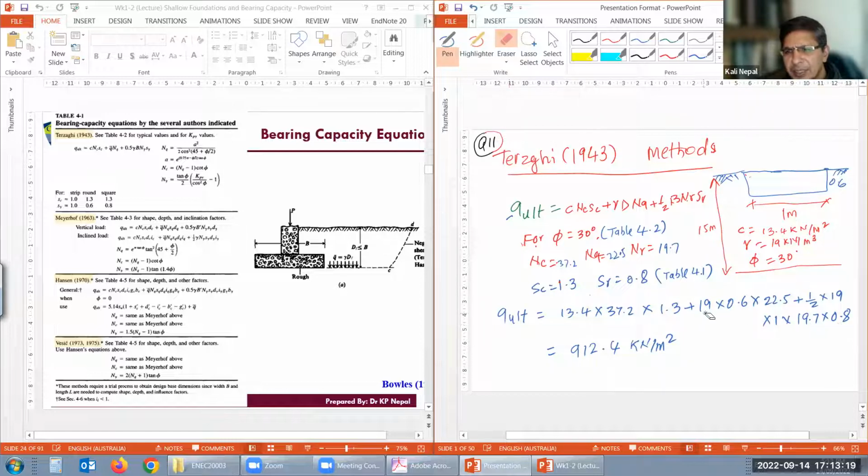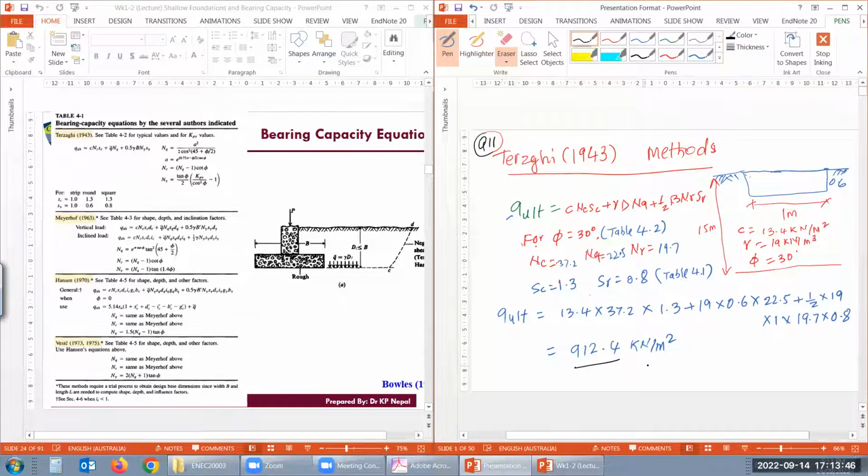That's 19.6, 22.5, 37.2, 13.4, and 1.3. Should be all right, but I need to check that. Did other people also get the same? Please calculate.